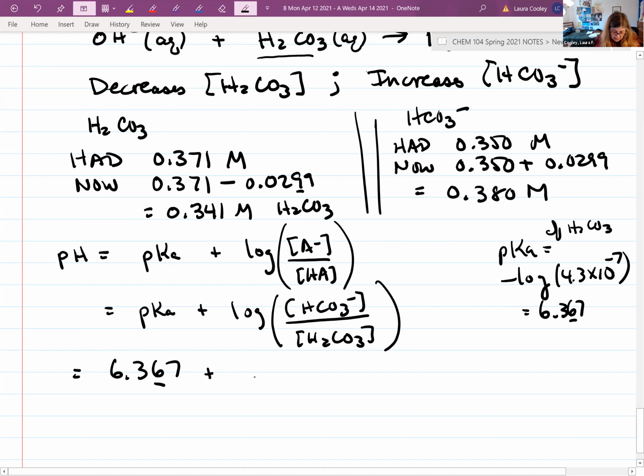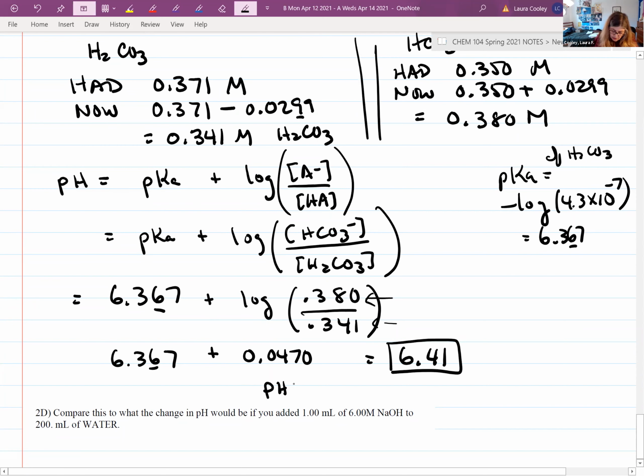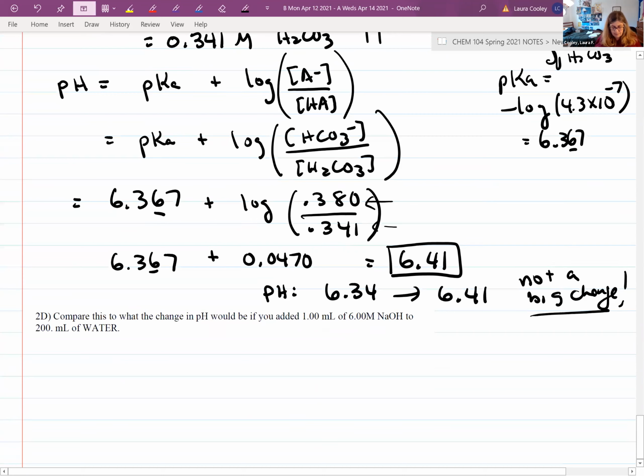Plus the log of 0.380 divided by 0.341. You can see now the numerator is greater than the denominator, so this is going to be positive. And so this comes out to 6.41. So you can see that the pH went from 6.34 to 6.41. Not a big change. So the buffer is doing its job.